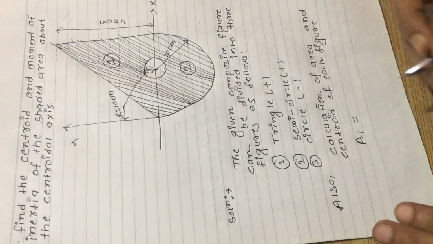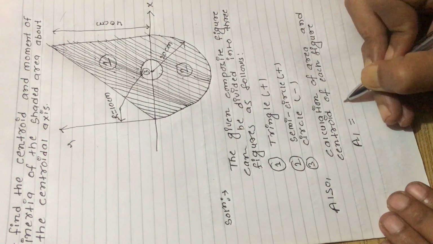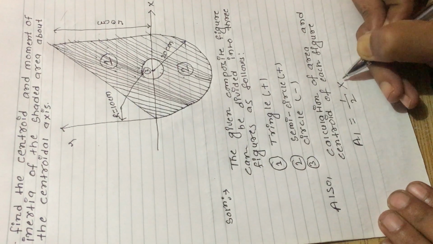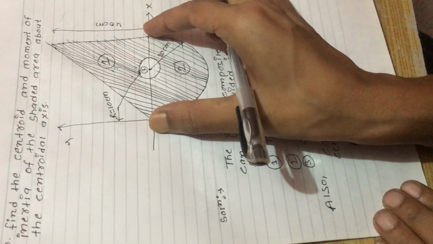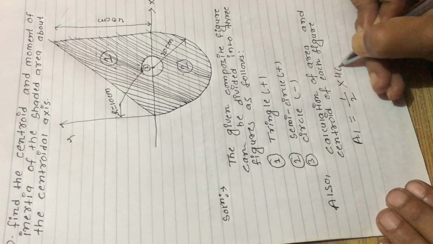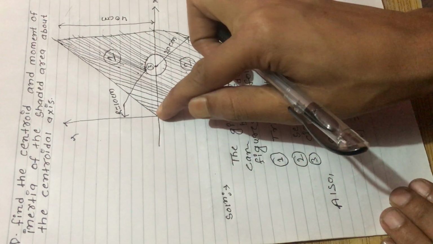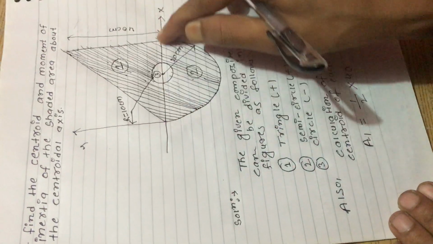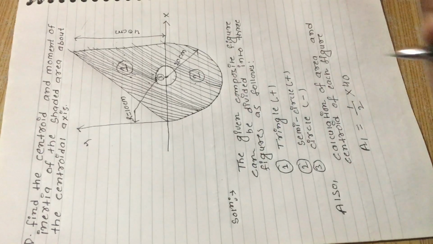A1 is equal to, we know the area of a right angle triangle is 1 by 2 base into height. Here we can see the base of the triangle is 40, because the diameter of the semicircle is 40, as the radius of this semicircle is 20.